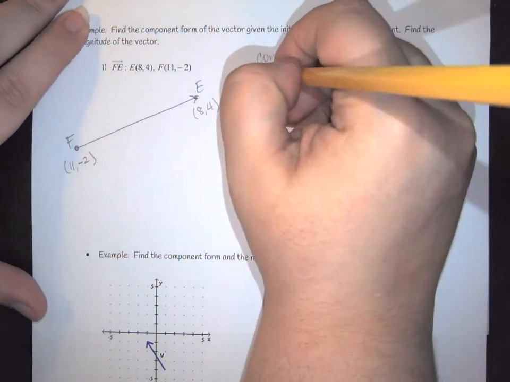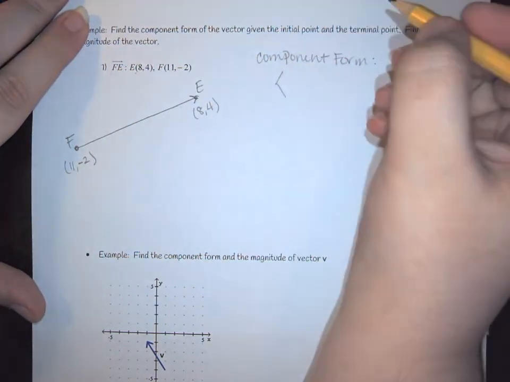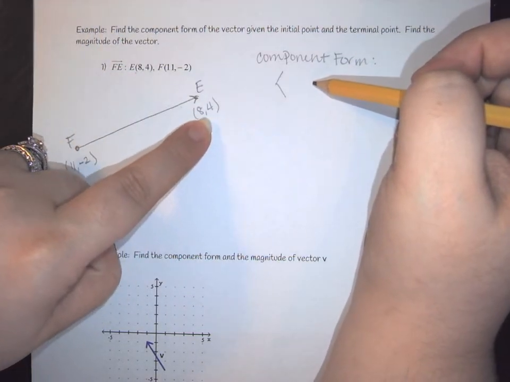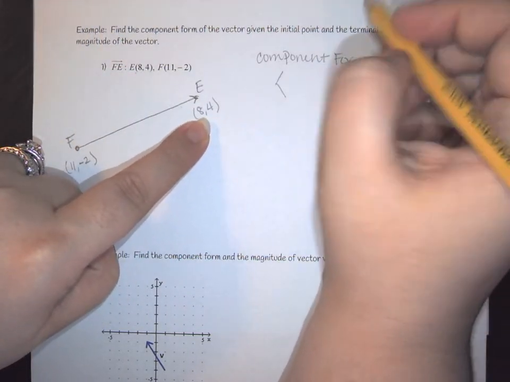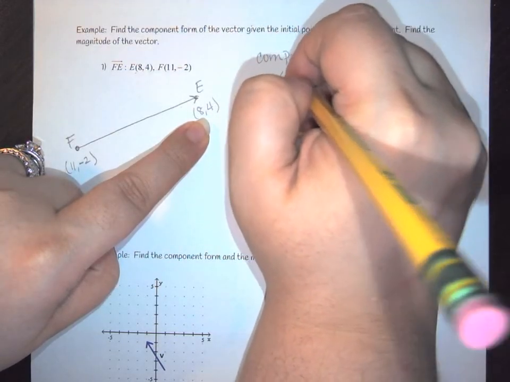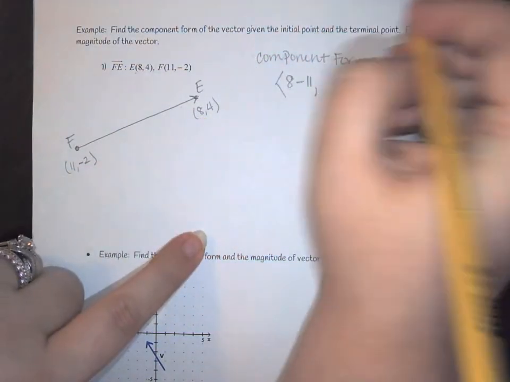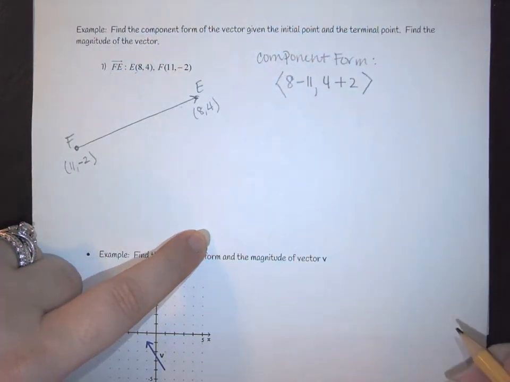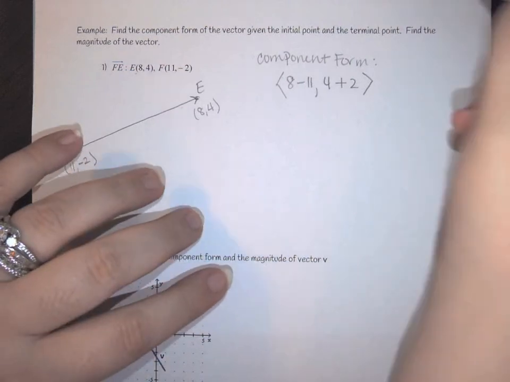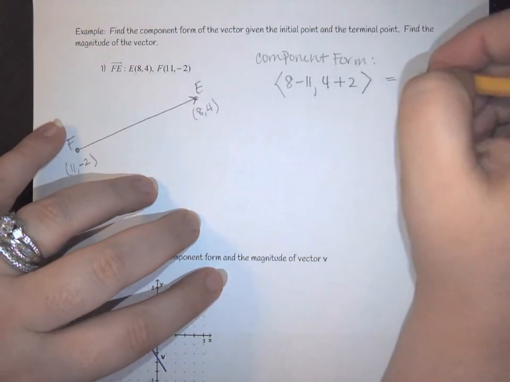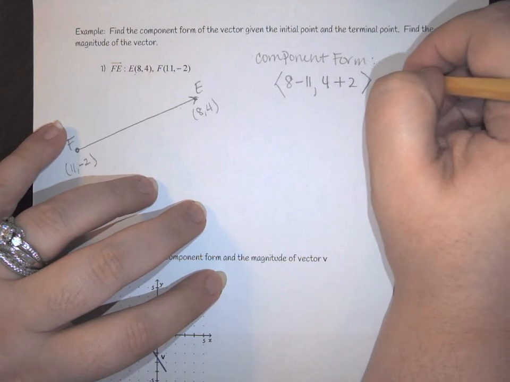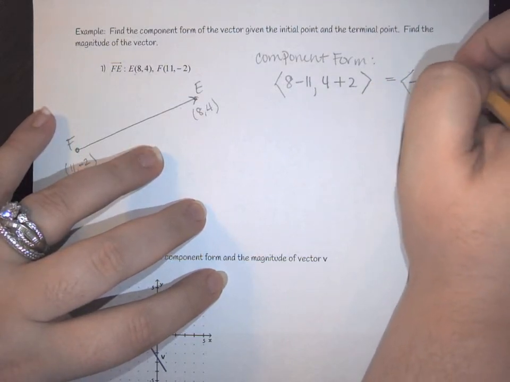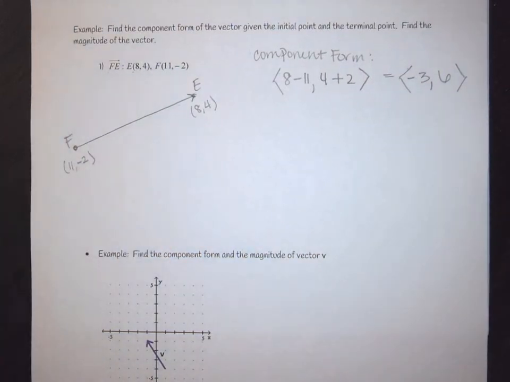Again, you start with your second point. So I'm going to have 8 minus 11 for the first part, and 4 minus -2 for the second part. 8 minus 11 is -3, 4 plus 2 is 6, and that is your component form.